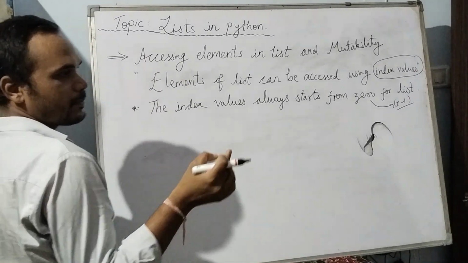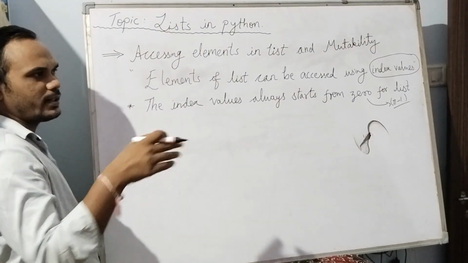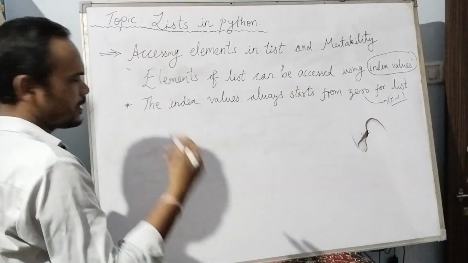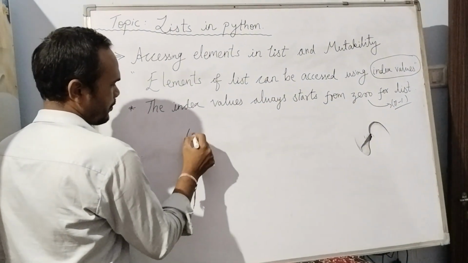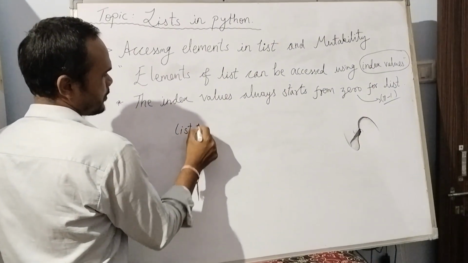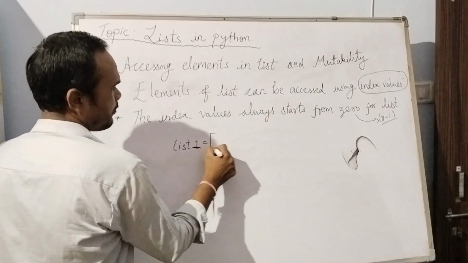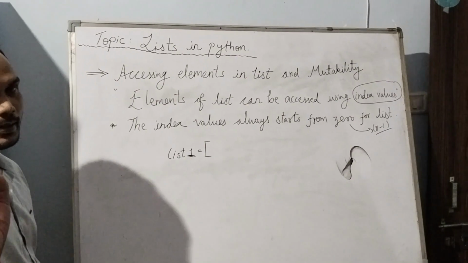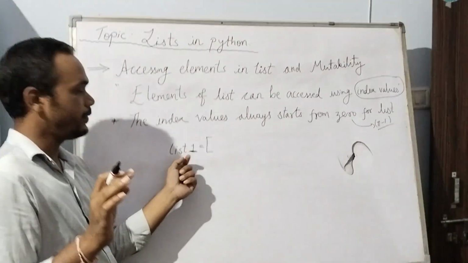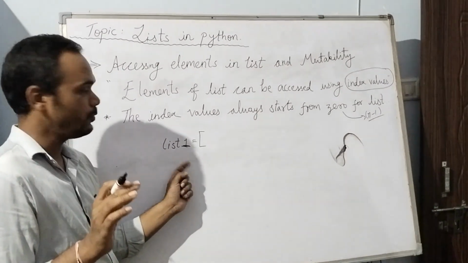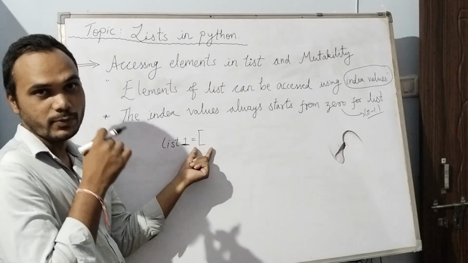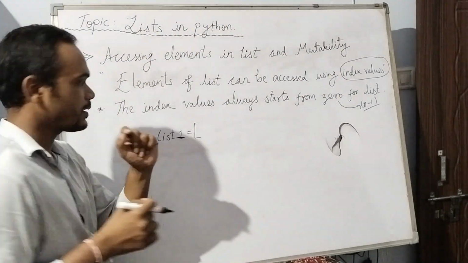Suppose that I am creating a simple list, say list 1. What is the basic requirement to create a list? There must be an identifier so that you can assign a value. Then you use the square brackets, because we are talking about the list concept.